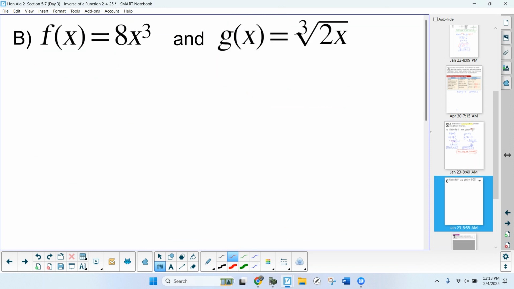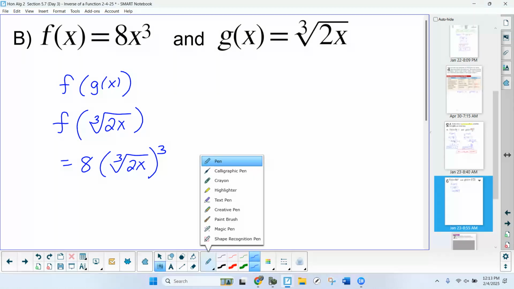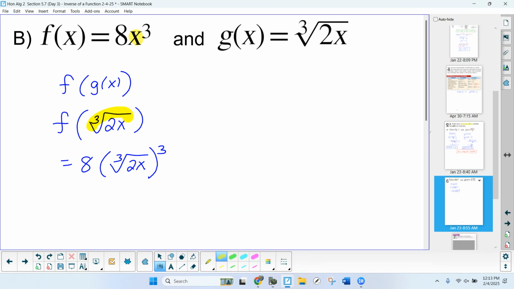All right, let's try another one. We're going to try f of g of x. Okay, what's g of x? Cube root of. So now I'm going to go to f, and that's 8 times the cube root of 2x to the third, because all I did is put in all of that.